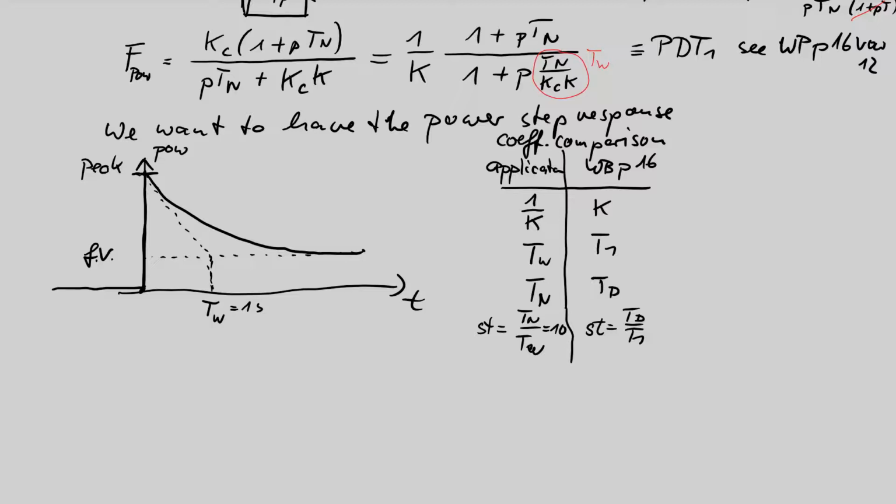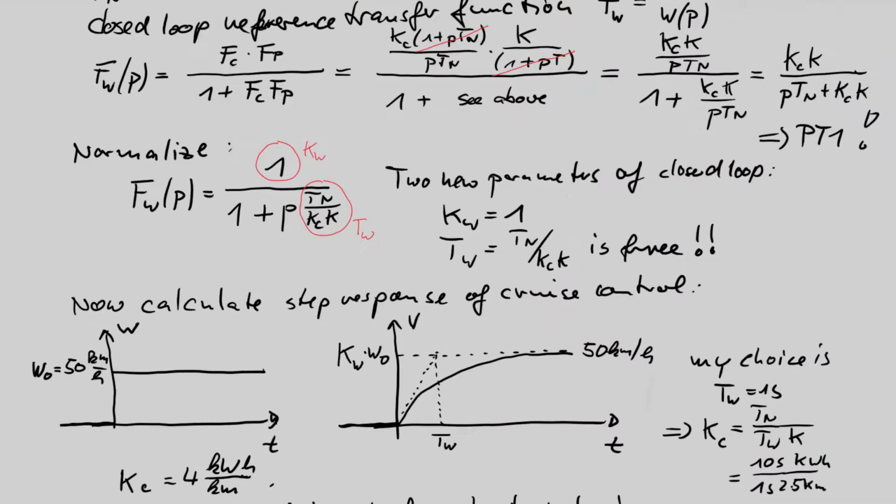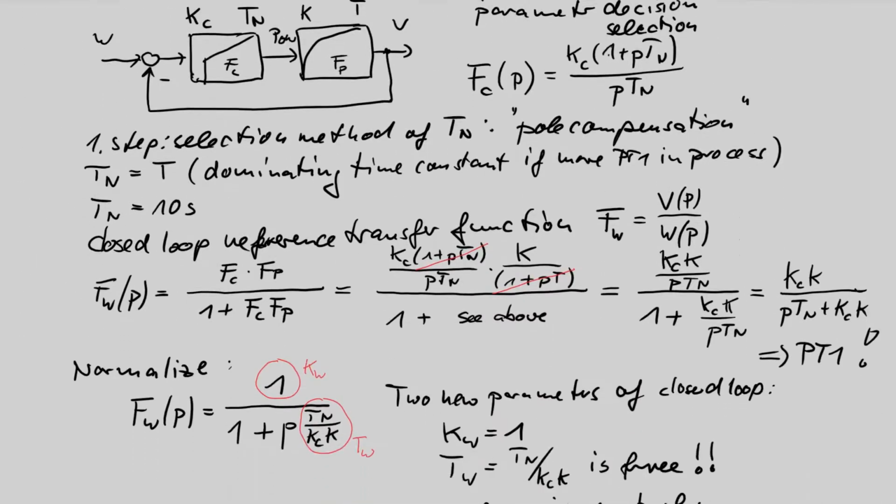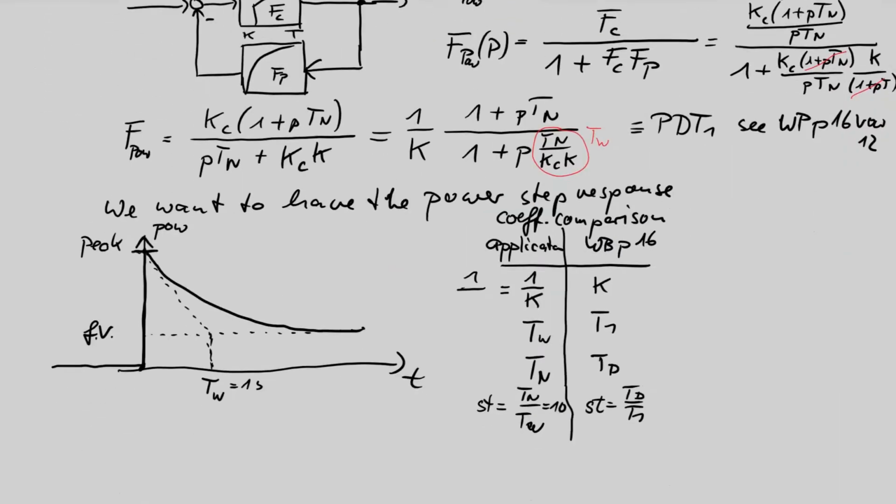The application 1 over k, how large is this? Yeah, the application 1 over k in numbers is 1 divided by k, which was 2.5. Go back to our k: 2.5 kilometer divided by kilowatt hours.